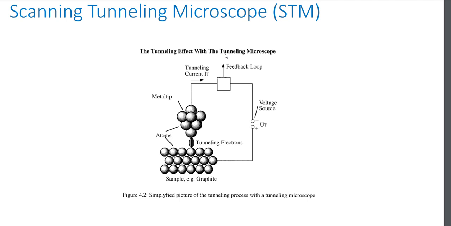The current amplifier makes sure that the tunneling current we get is amplified for proper detection, and the battery is used to apply voltage between the sample and metallic tip. The feedback loop is used in constant current mode.